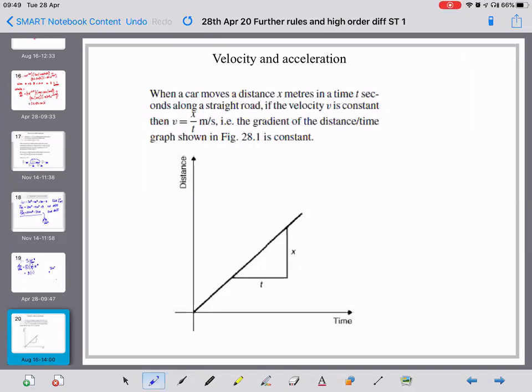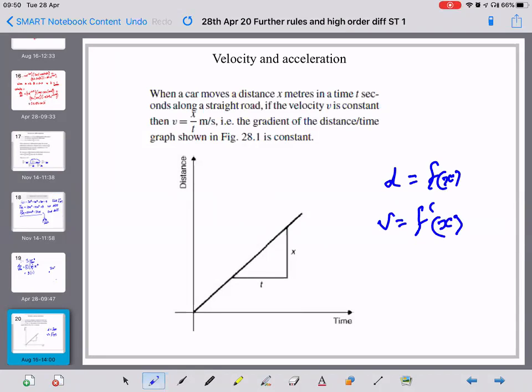Therefore, it's the first differential of the distance moved in time t graph. So if we've got a function of distance moved equal to a function of x, then the velocity is equal to f dash of x, the first differential of that.